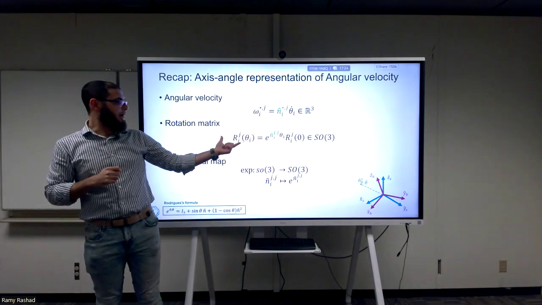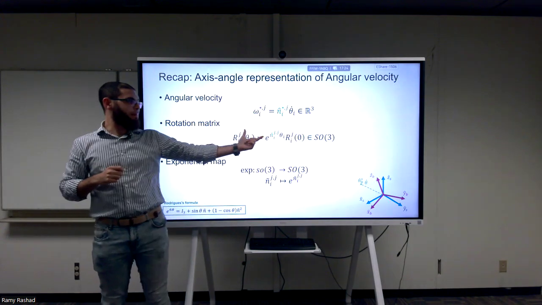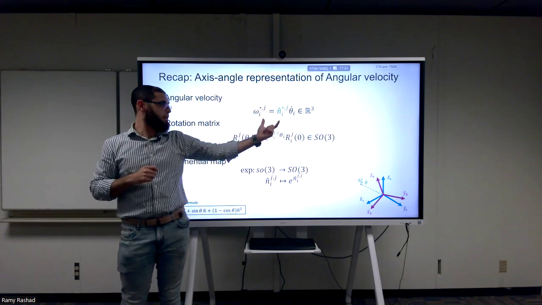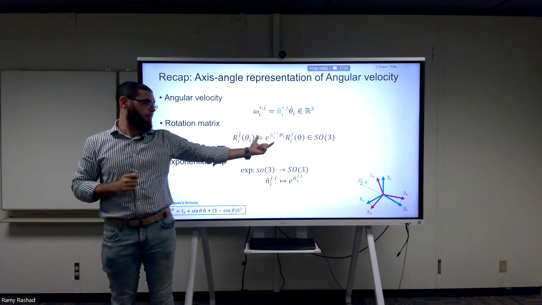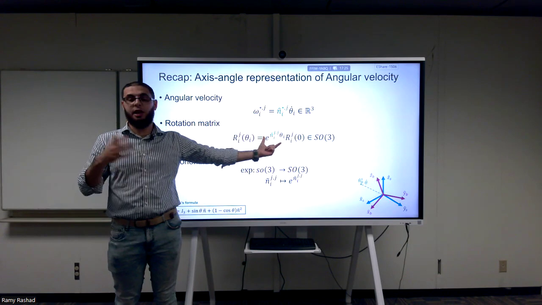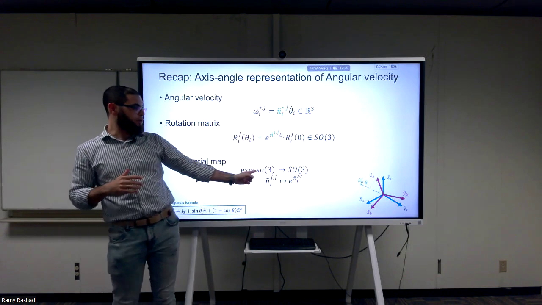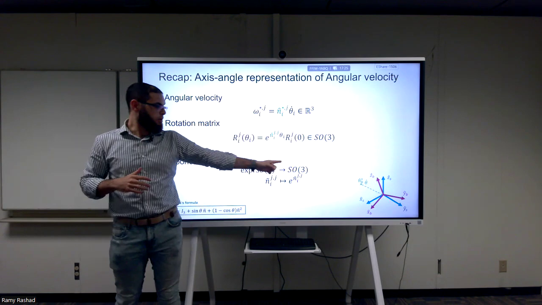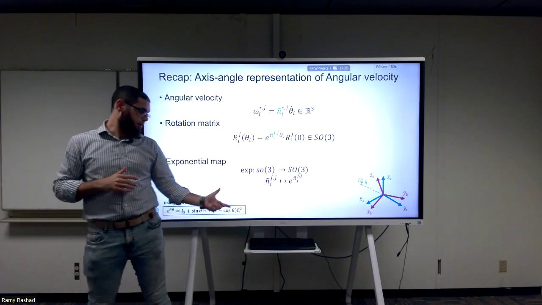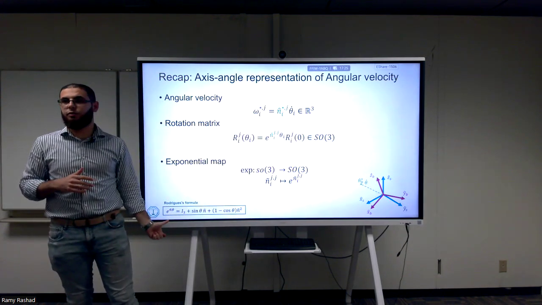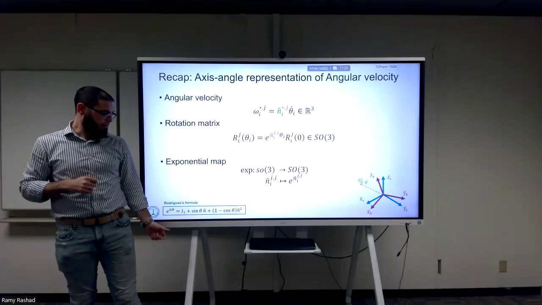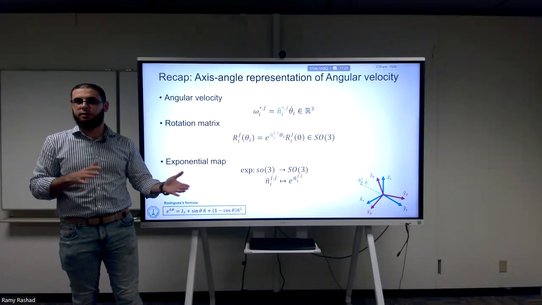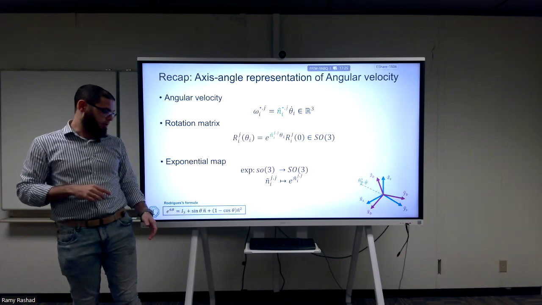And then we have that the rotation matrix is given by the matrix exponential of this expression. We derived it last time. And this matrix exponential is in general an exponential map that goes from the Lie algebra to the Lie group. And we said that it has a closed form solution, and this closed form solution is known as Rodrigues formula. And this is something very easy to program. So it's like 1 line in Python. It's very easy.